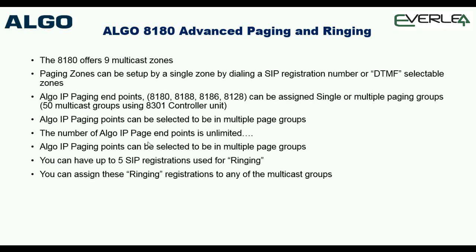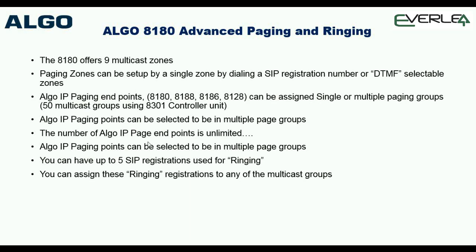You can have up to 5 SIP registrations used for ringing. Okay, now this is quite a handy little extra we've got here. We gave an example where you've got a warehouse that when an incoming call comes in, the Algo will ring. Well, what if we've got 2 different companies, or 2 different departments, sales and service?